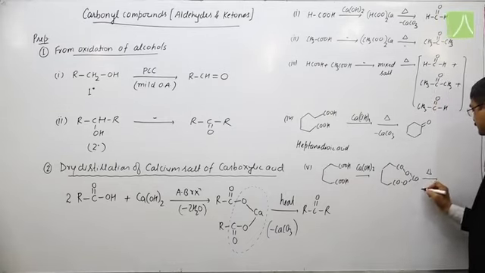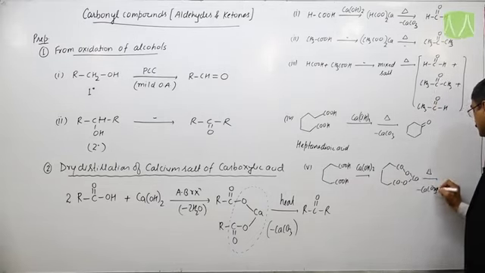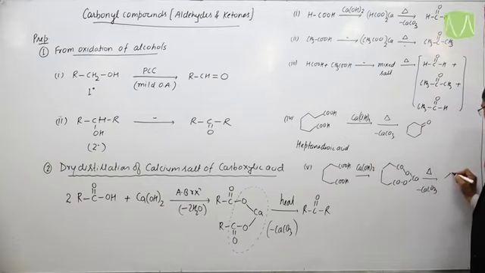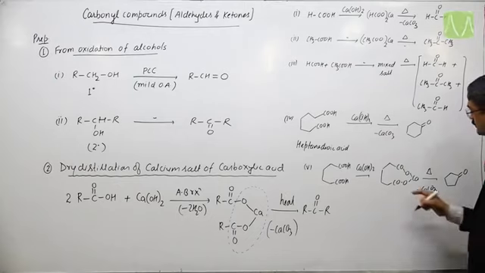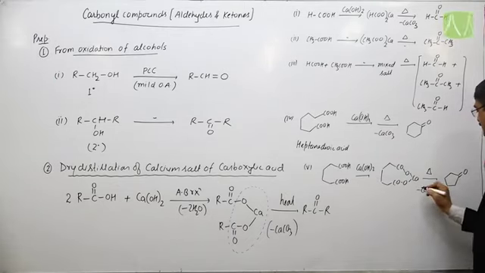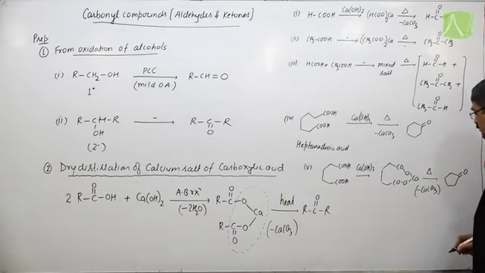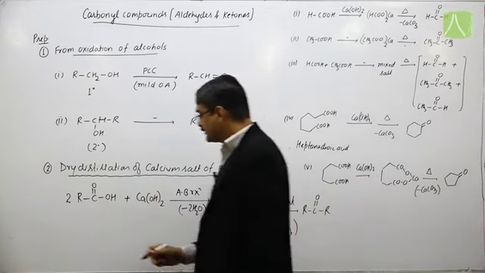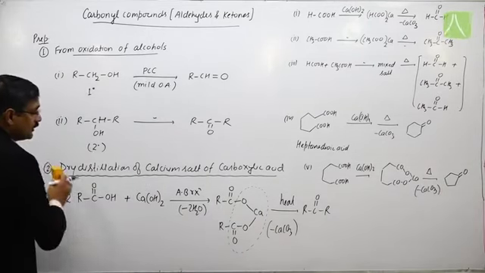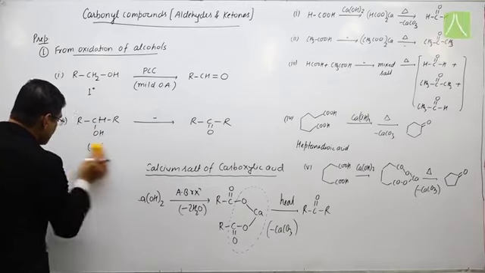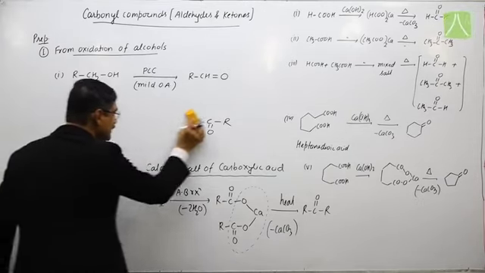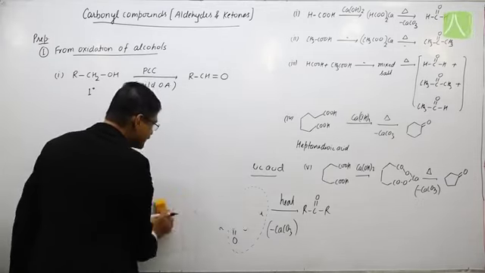On heating, a five-member ring is produced because there are 6 carbon atoms and 1 carbon atom is removed as calcium carbonate. So finally, the compound obtained has 1 carbon less than the original number of carbons in the acid.